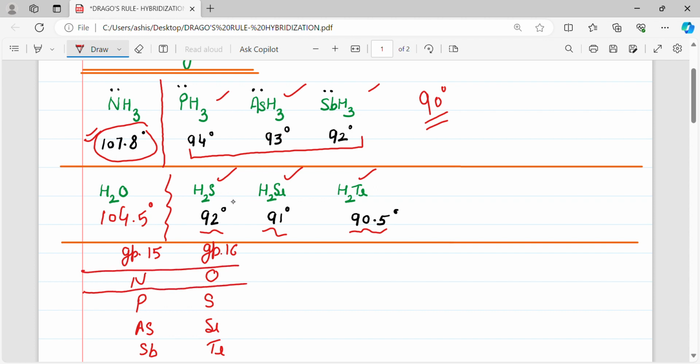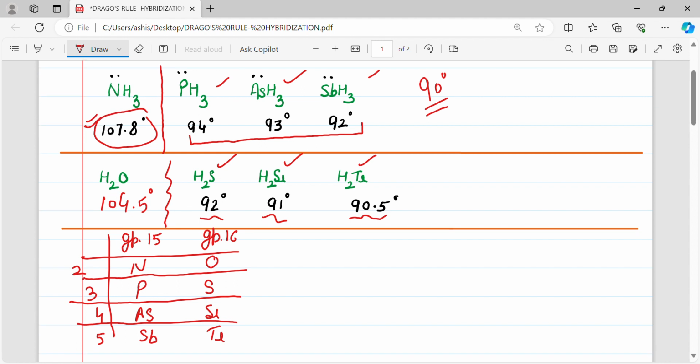Nitrogen and oxygen are second period elements, then phosphorus and sulfur are third period, then fourth period, and that one is fifth period.